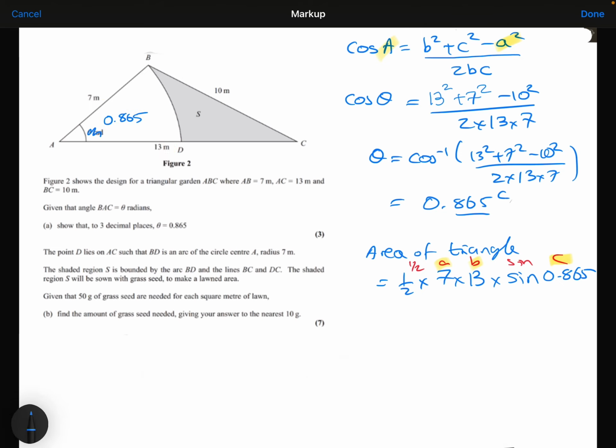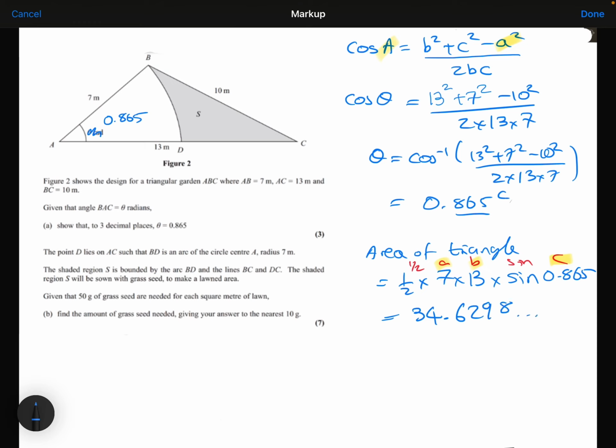So when I put that into my calculator, again making sure that your calculator is in radians for this, because otherwise the formula won't work, we get 34.6298. So that's the area of the triangle.